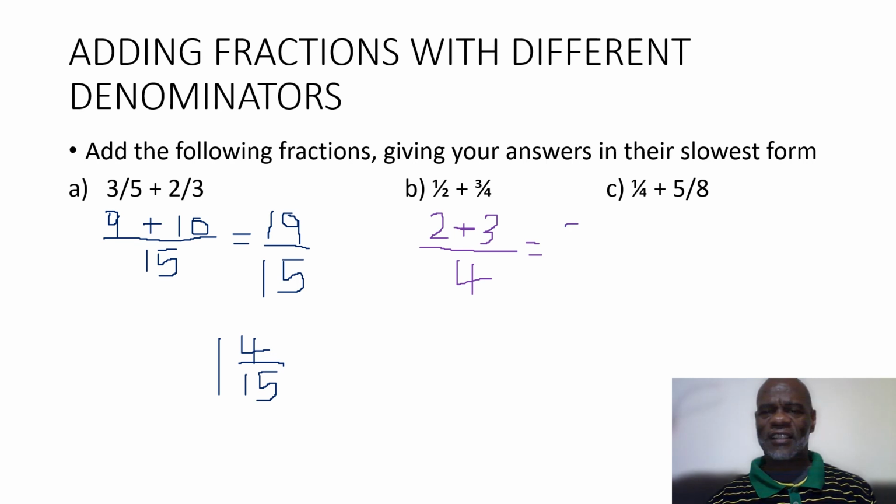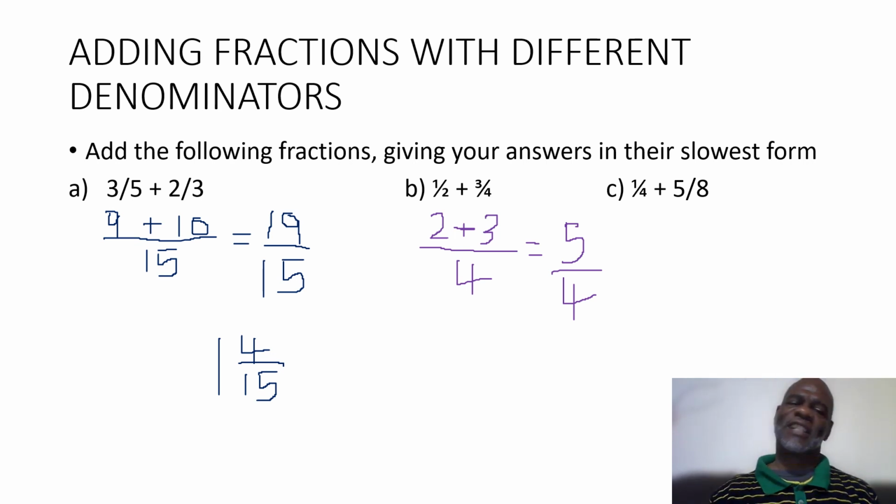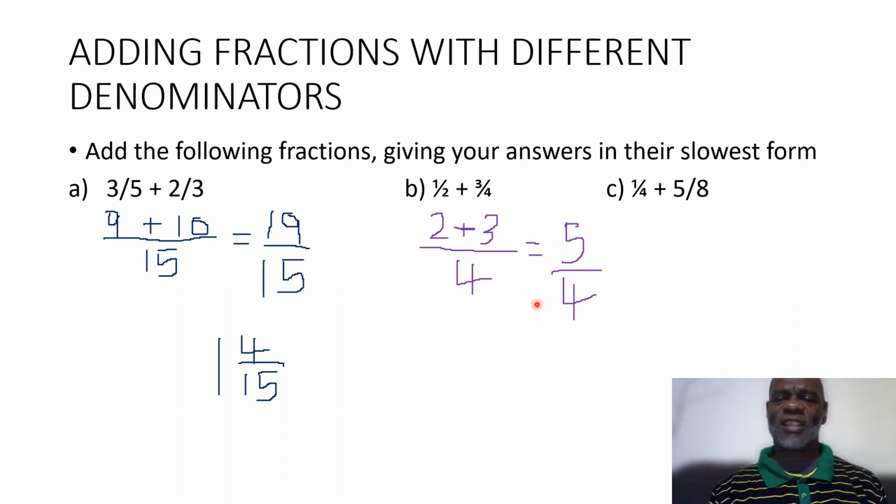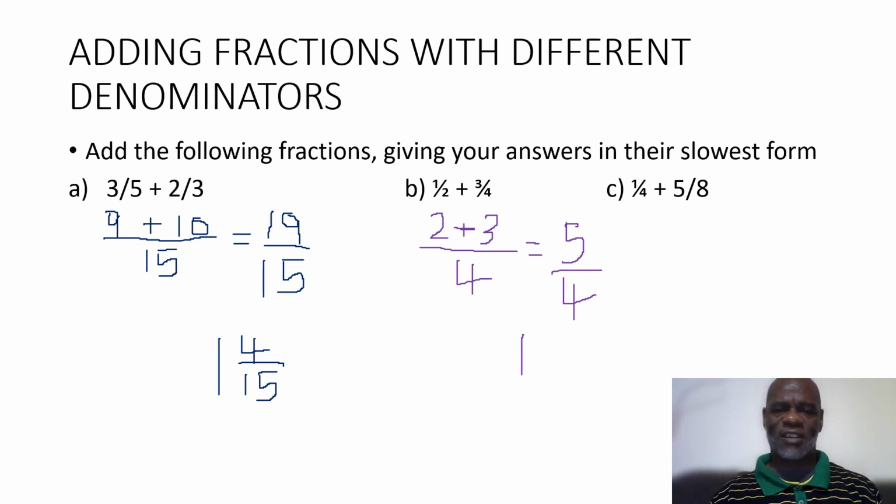And notice again that we have 5 over 4. Writing that as a mixed number would give us what? We can get 4 out of 5 how many times? 1 time. So we're saying 5 divided by 4, we have 1 time and remainder 1. So that's 1 and 1/4.